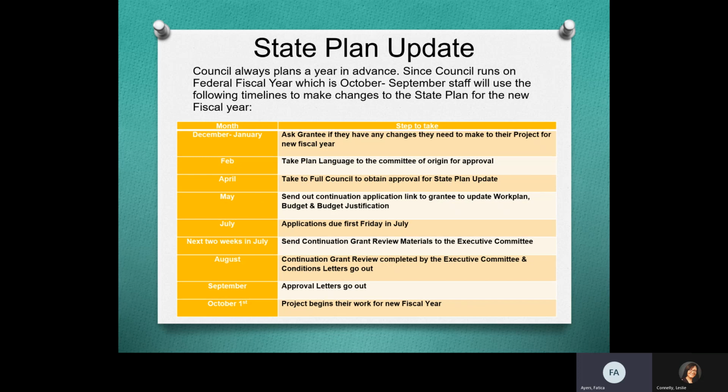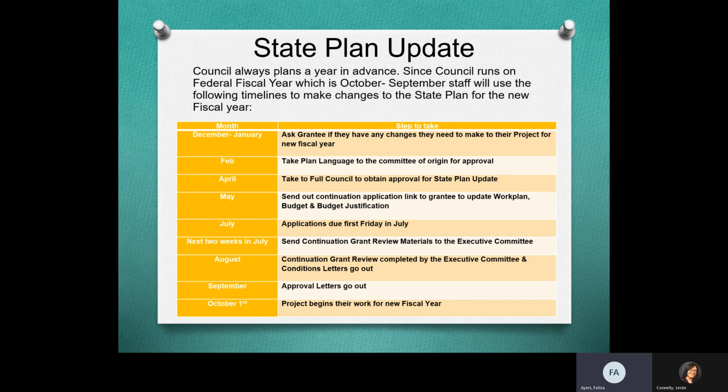Sometime between December and January, council staff is going to come to you and ask, is there anything in the state plan language that needs to be changed? And you're going to think about it. If you just started your grant, you don't even know what's going to happen the next year, so you'll probably tell them no. But the ideal is that during this time, if there's something that needs to be changed, this is the time to talk to the staff person about getting it changed.